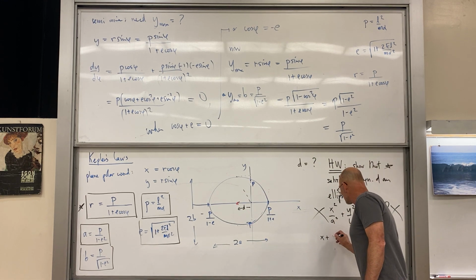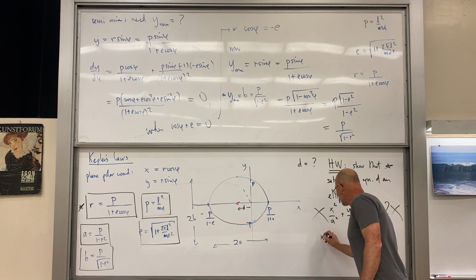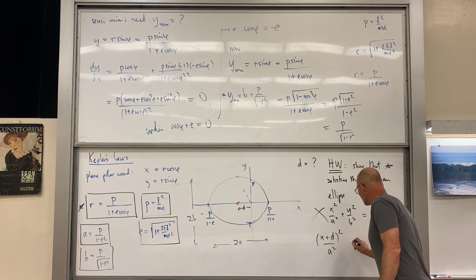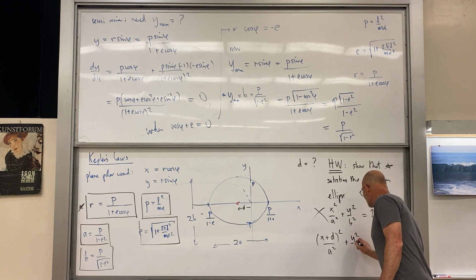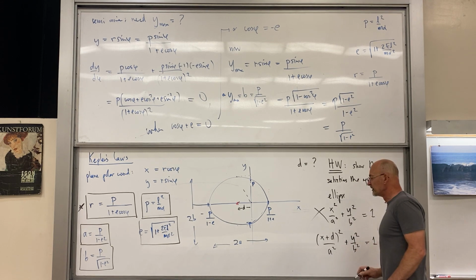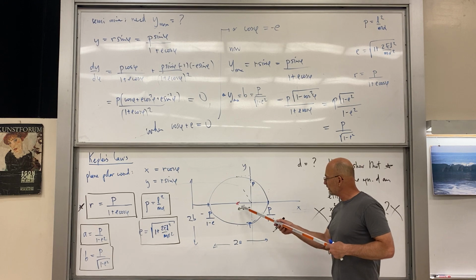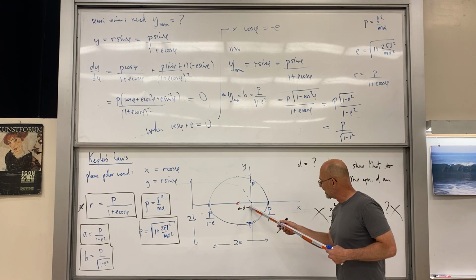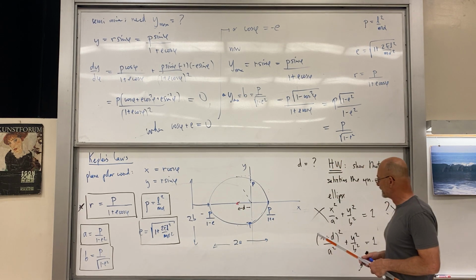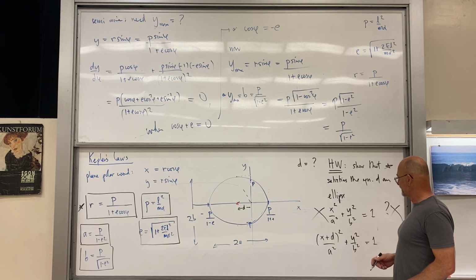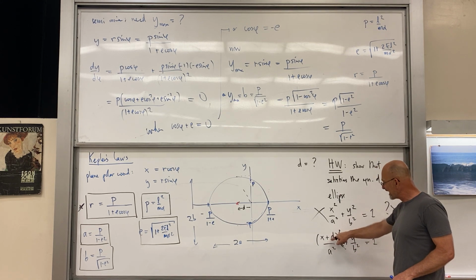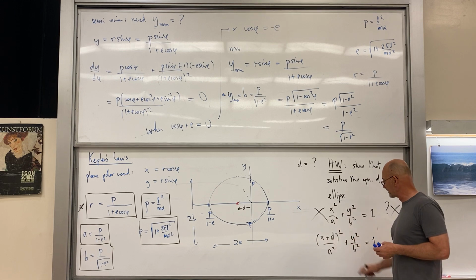And that's going to be x plus d, quantity squared, over a squared, plus y squared over b squared equals 1. In other words, your new origin is over at x equals minus d. So, x minus negative d squared. That's what we have right there.